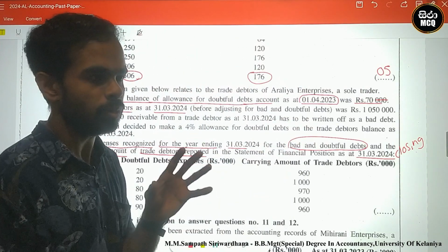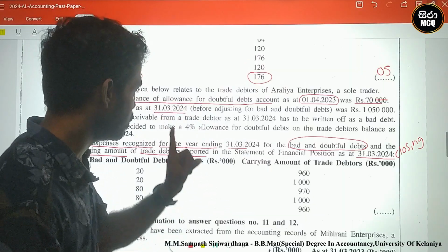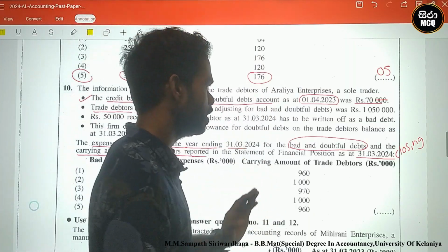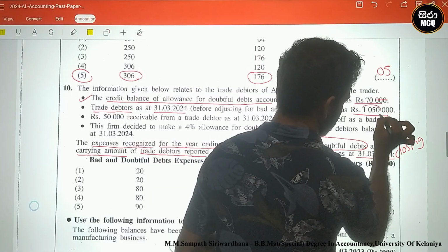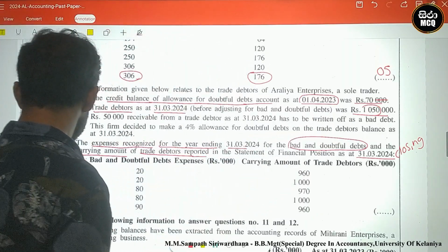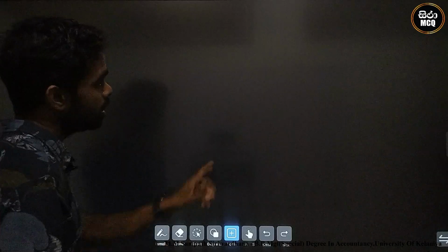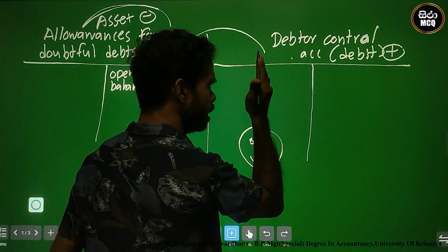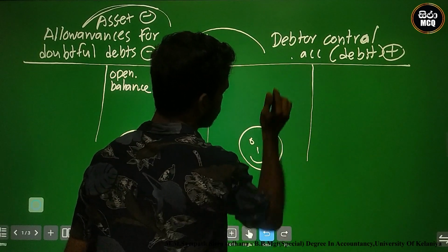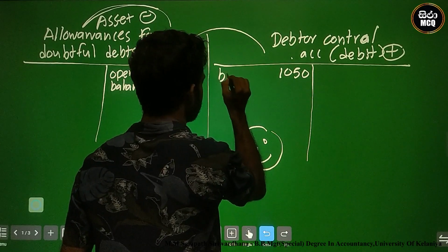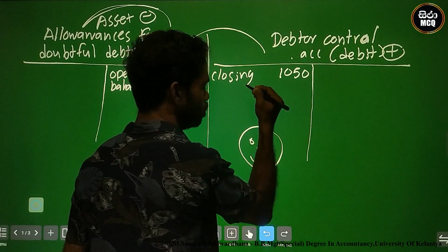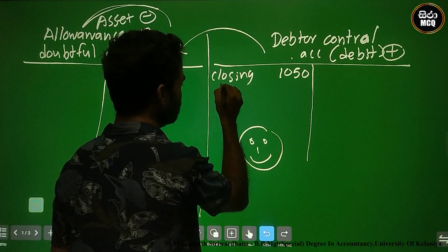Before adjusting bad and doubtful debts it was 1,050,000, the closing trade debtor control account. 1,050 in the debtor control account is a debit balance. 1,050 is the closing balance before adjusting bad debts.